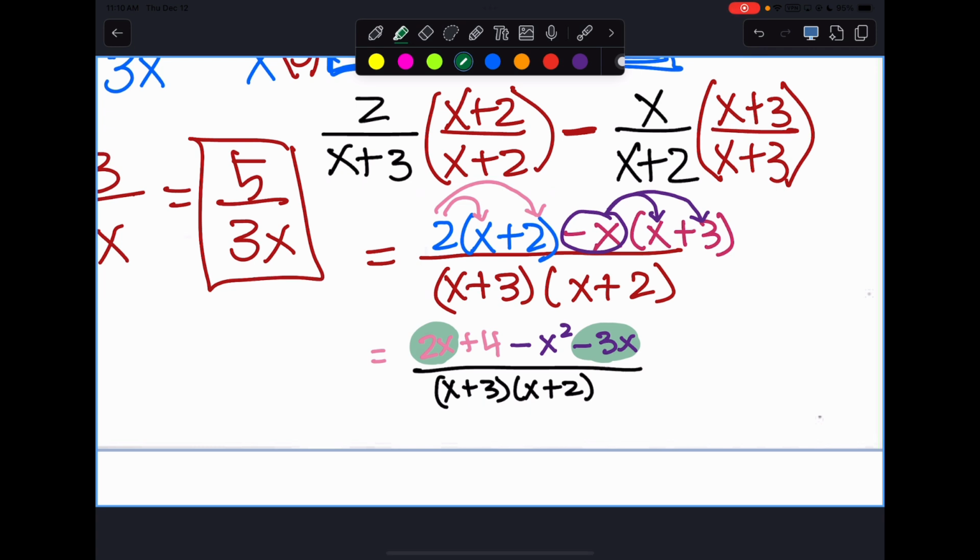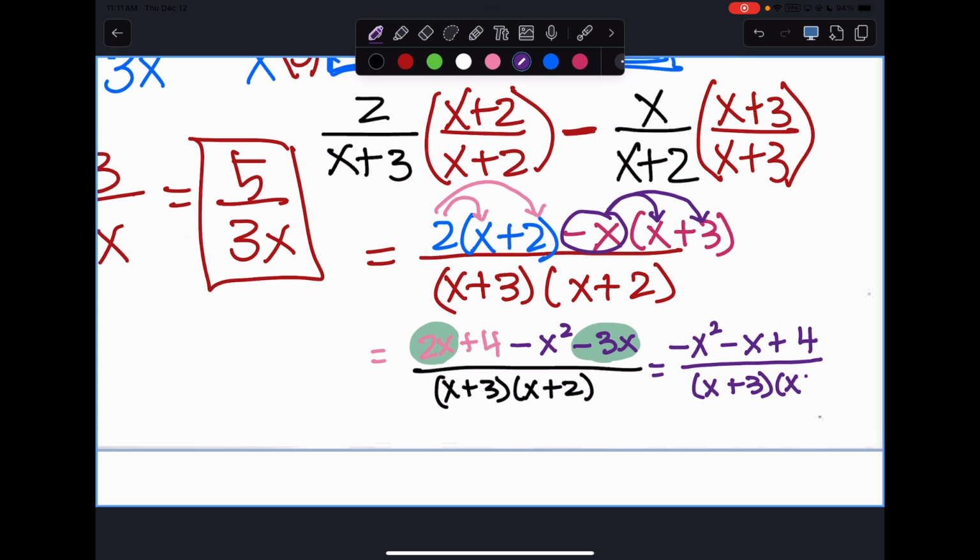Is that right? Okay. So let's go ahead and write down what we have, which is, I'm going to put it in standard form. Negative x squared, then we have negative x plus 4, all over x plus 3 times quantity of x plus 2.